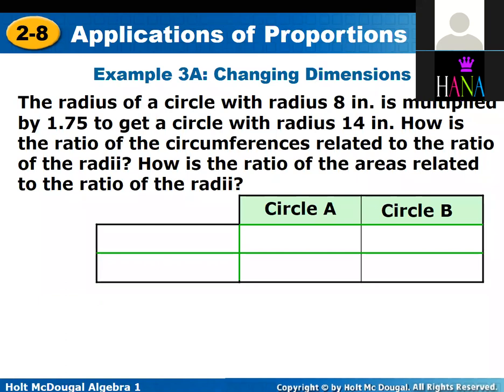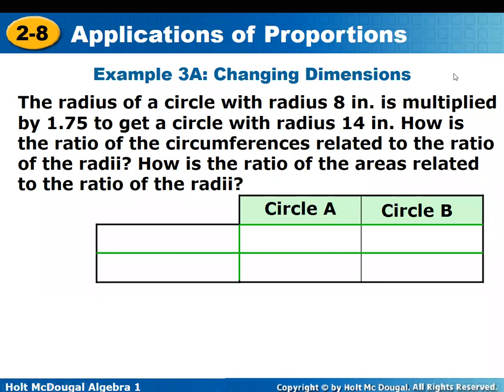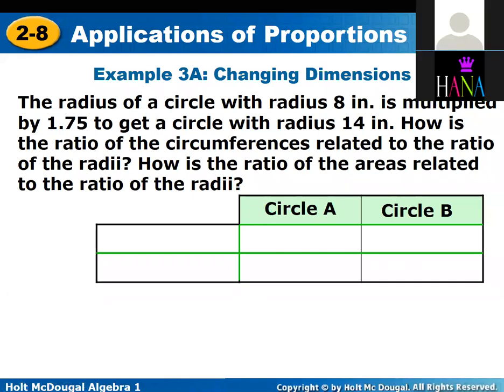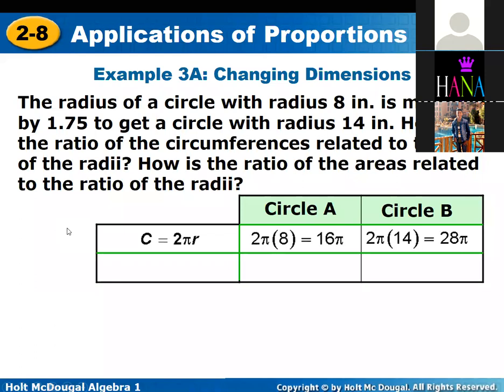How is the ratio of the areas related to the ratio of the radii? What do we have to do at the beginning? We want to compare between which 2 points? You want to compare between the circumference of circle A and the area of circle B.